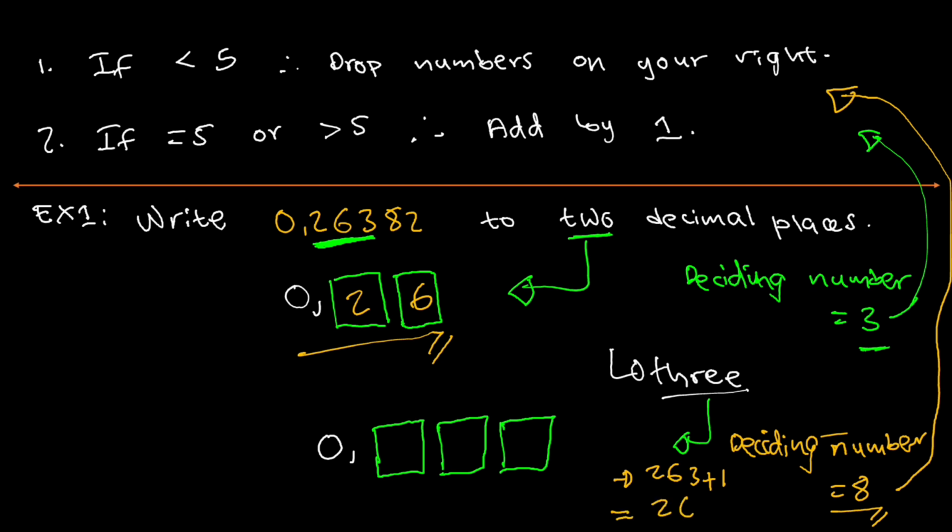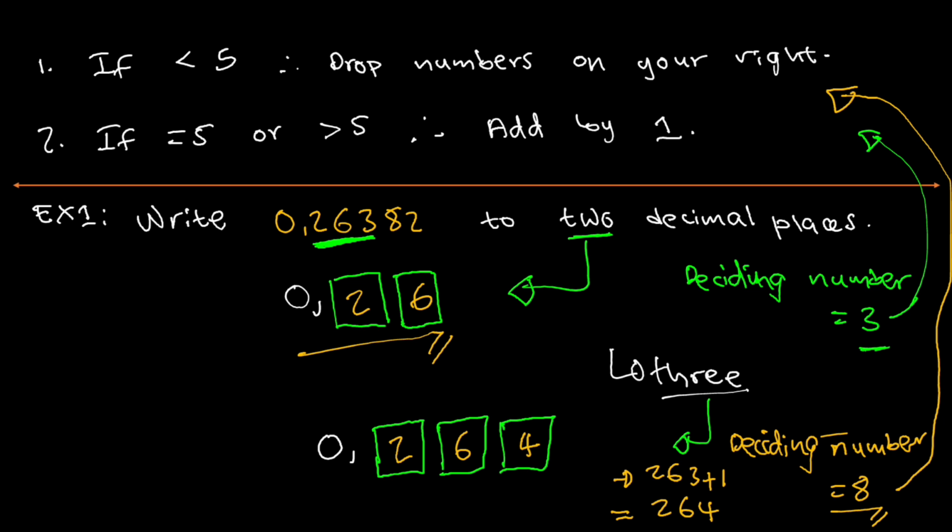I'm going to get 2, 6, 4. These are the numbers that I'm going to use to populate whatever I have here. So I'm going to have 2, 6, 4. That is my answer.